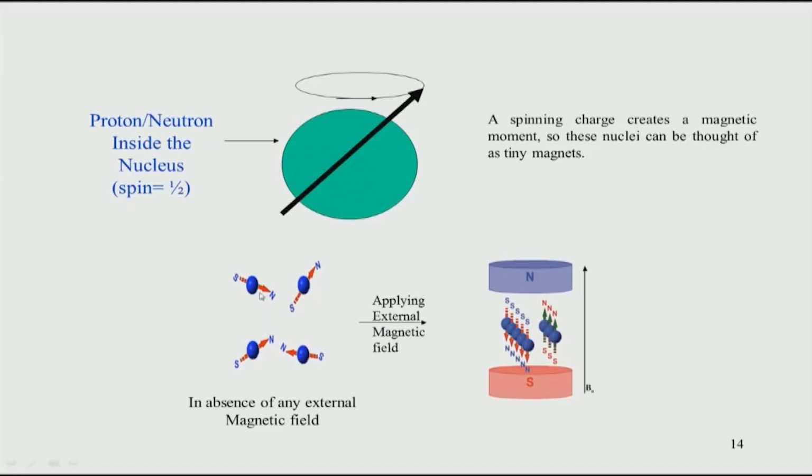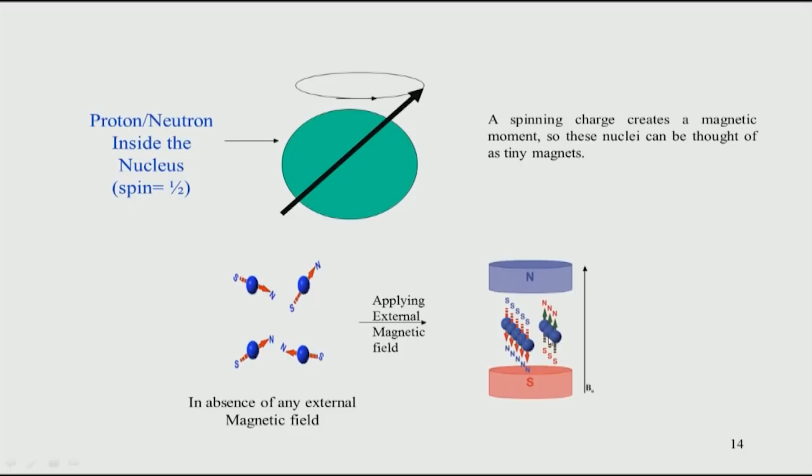So, you can see that if you take a collection of spins, they are basically a set of magnets in the sample. These magnets are very tiny because the nucleus is very small. When they are put in a magnetic field, they will start aligning with the magnetic field. Some of the spins will be aligned parallel with the magnetic field, where the north pole is facing the south pole, and anti-parallel means oppositely aligned spins.